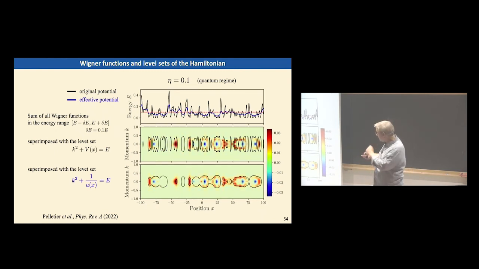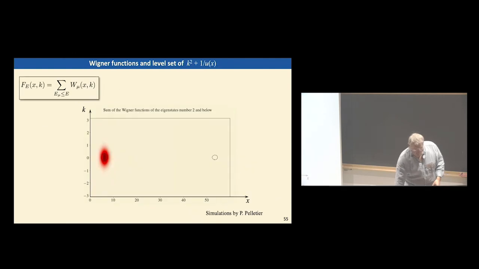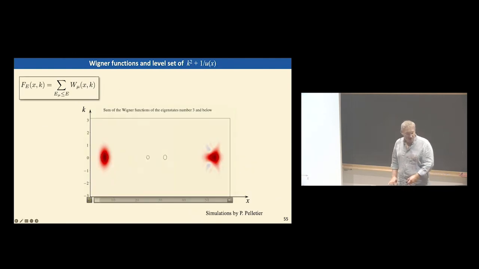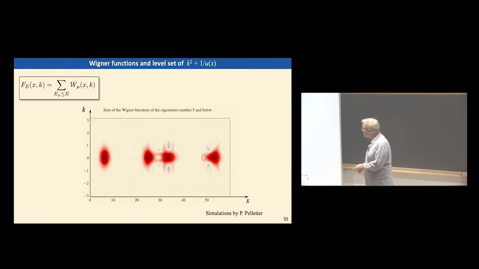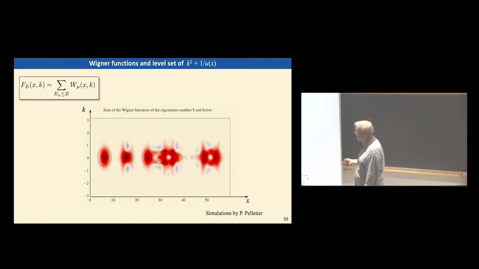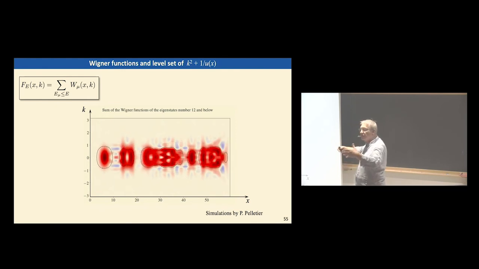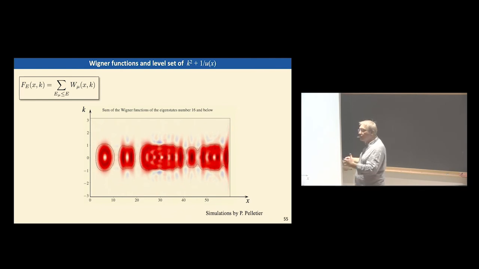If you go to higher energy, it's the same. It's even more striking. And if you look at the plateau function, you sum all the eigenfunctions, the Wigner function, up to energy E, and you compare with the level set k squared plus 1 over u equals E. You see that as you sum up the Wigner function of all eigenfunctions, you have the prediction of the occupation of phase space.